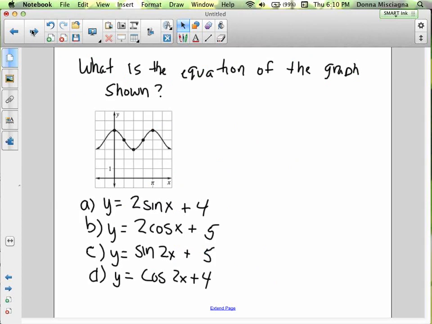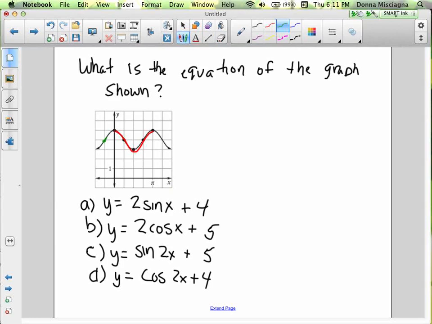All right, so I can write this equation one of 2 ways. If I write it in terms of cosine, that is a period of cosine, right? It starts at its maximum, goes to its minimum, and comes back to its maximum. I could also write it in terms of sine. Sine starts at the x-intercept, not the minimum.